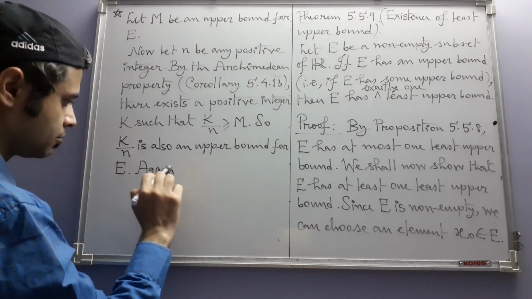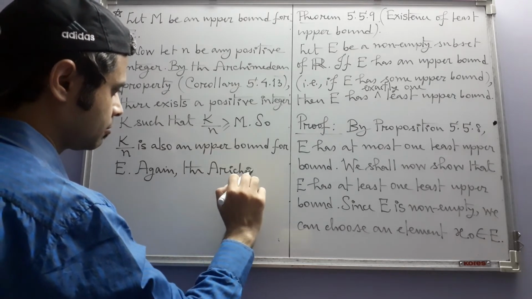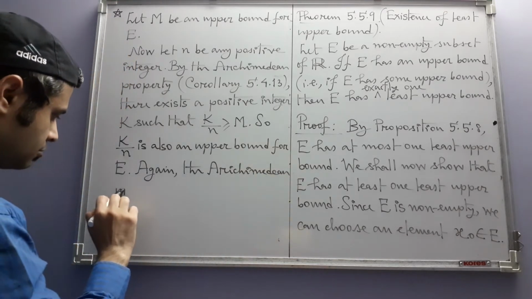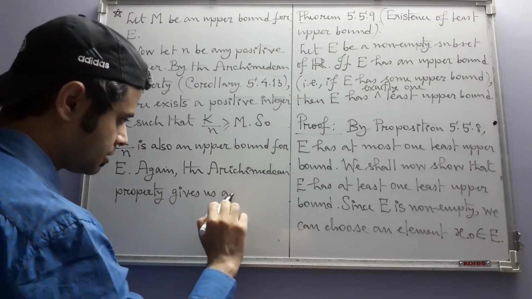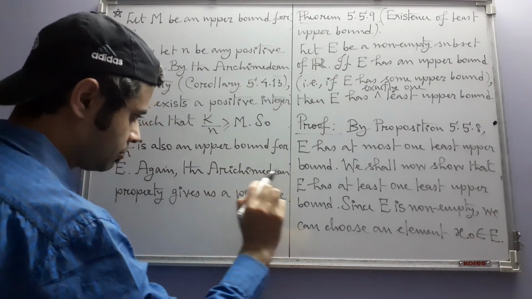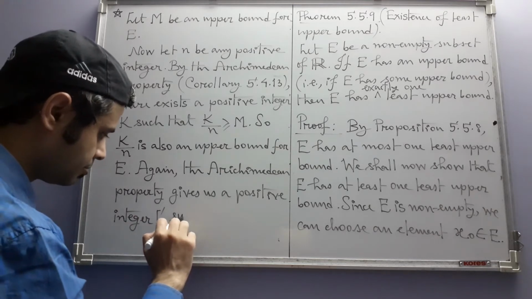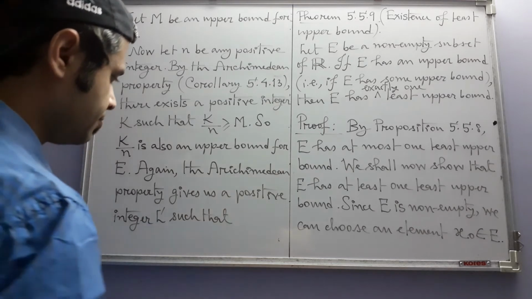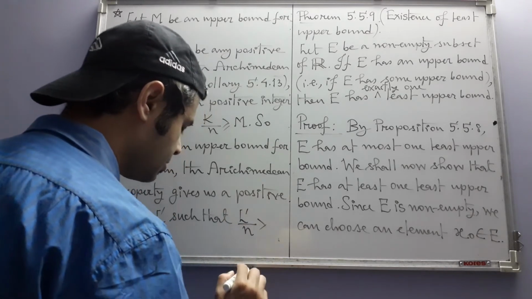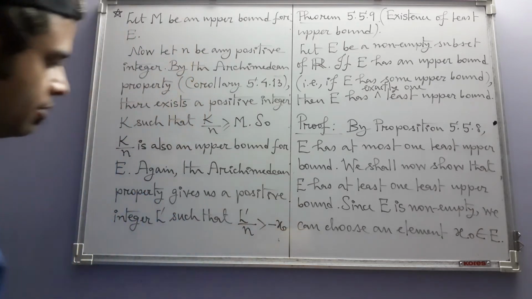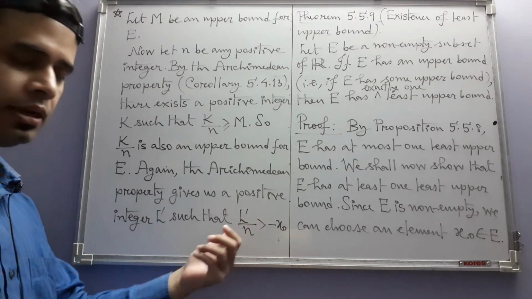Again, the Archimedean property gives us a positive integer L prime say, such that L prime divided by n is greater than minus x naught, because x naught is an element of E. So minus x naught is a real number and 1 divided by n is a positive real number.